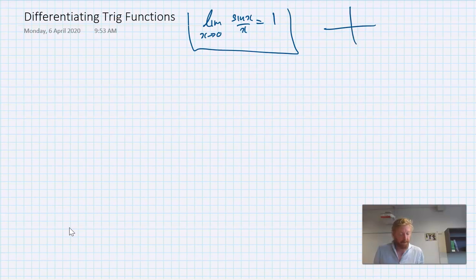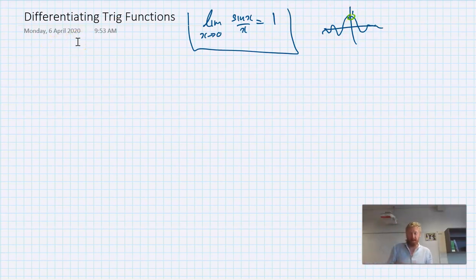When we sketched it on GeoGebra, we got something that looked like that, and that's 1. So as it gets closer, that is the limit there. We're going to use that in our proof for deriving sine.